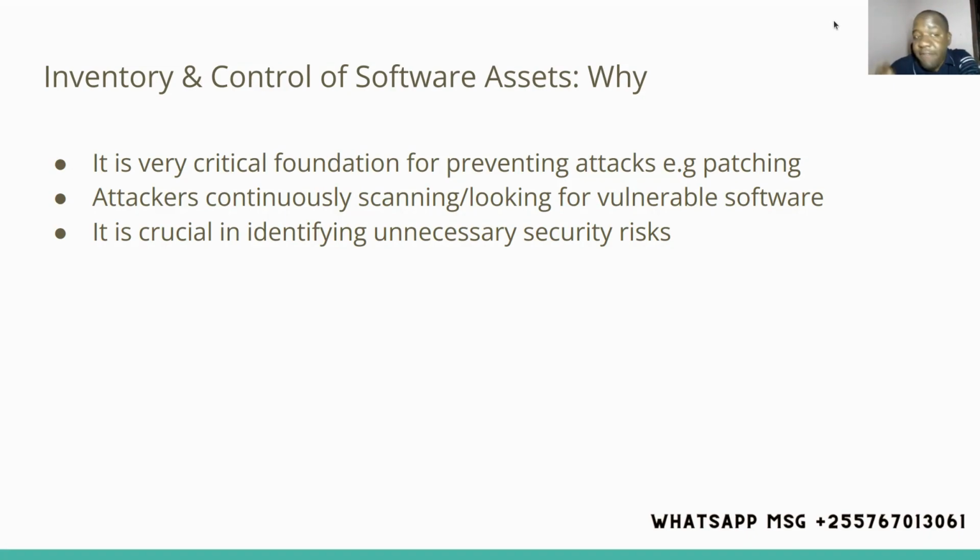So this kind of inventory helps us to facilitate patching and updates. If vulnerabilities are found in software within our list, then we know we need to take action on the particular patch or close the particular vulnerability.